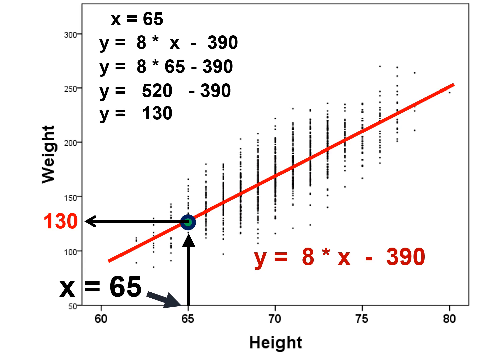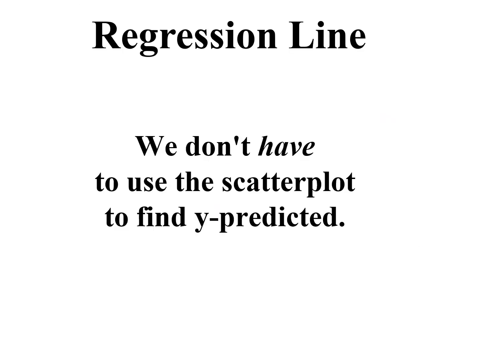And that gives us y is equal to 130, and that's what we were hoping for, because that's what we had already drawn from the prediction point. Another nice feature about the regression line is that we don't have to use the scatter plot to find y predicted. We can rely on the regression equation.